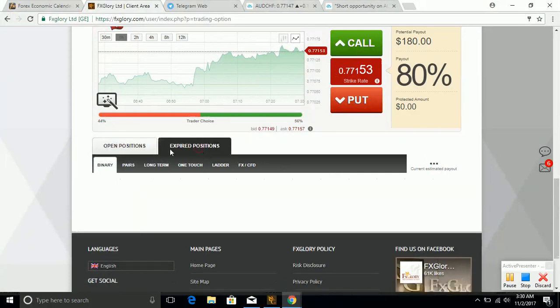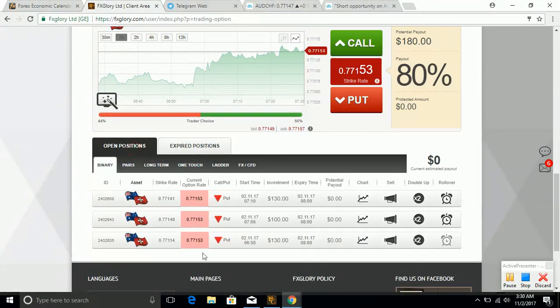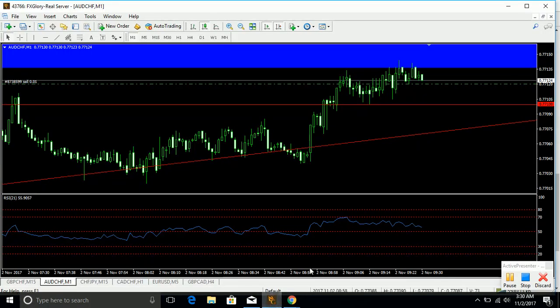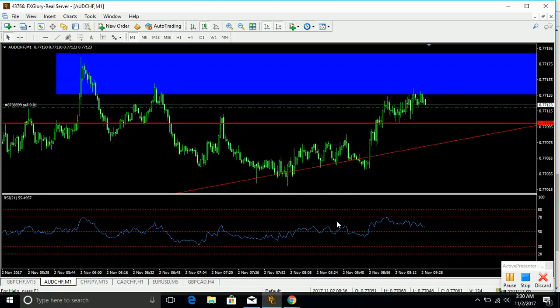Now I did roll that over, so I still have 3 trades in. Like I was saying, that Aussie CHF is a perfect opportunity to get in now.